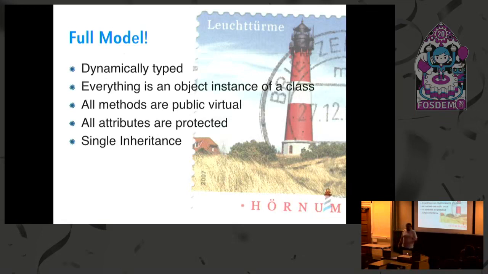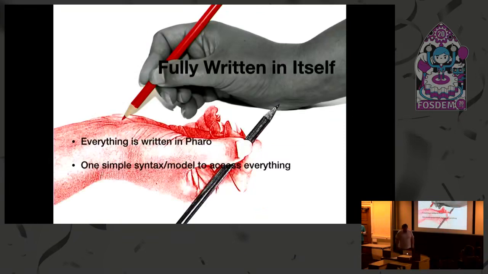Also, all our methods are public. We don't have the idea of private methods. They are virtual, so they are automatically executable from the subclasses, and we can override without caring at all. All attributes are protected for us, and we are using single inheritance, with a small asterisk there that I will talk about later.